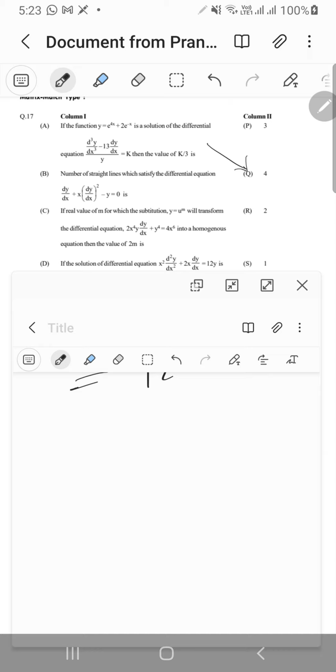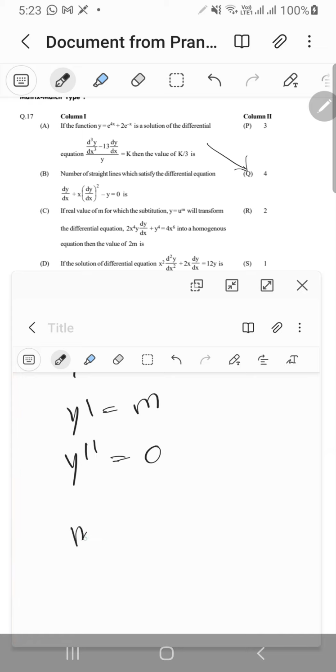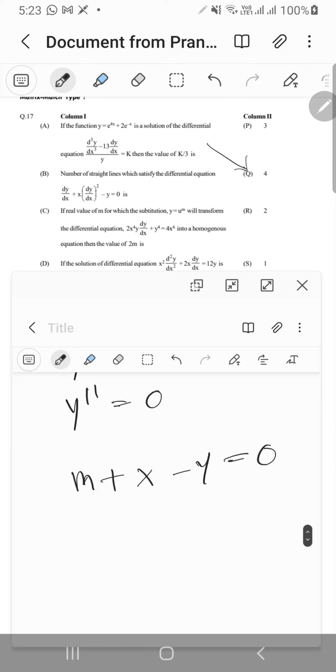This is not good. Straight lines, huh? So y equal to mx plus c. If that's our straight line, then we just have y dash equal to m, and then y double dash equal to 0. So you just have m plus x minus y equal to 0, for all values of x and y, which just means y equal to x plus m.